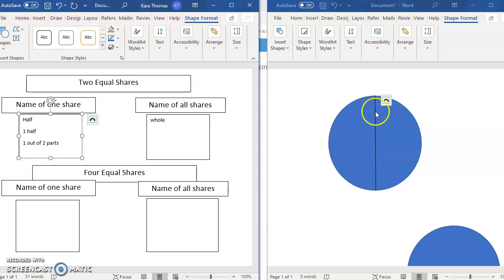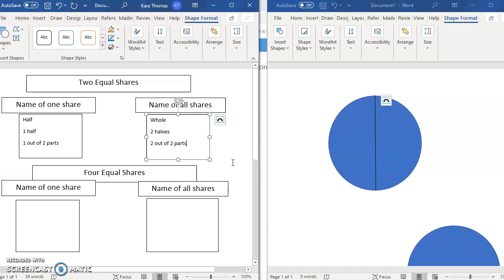So if I only have one of the shares, it would be 1 out of the 2. Okay, if we have the whole circle, or we take both shares, we have the whole. We can also say we have 2 halves, or you can say you have 2 out of 2 parts.